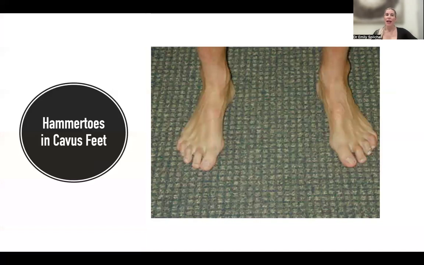Okay, so hammer toes and cavus, this is going to be very, very common. People with high arches very oftentimes will have hammer toes. So when I have a patient with high arches, I am always getting them in toe spacers. Hammer toes are, of course, progressive.